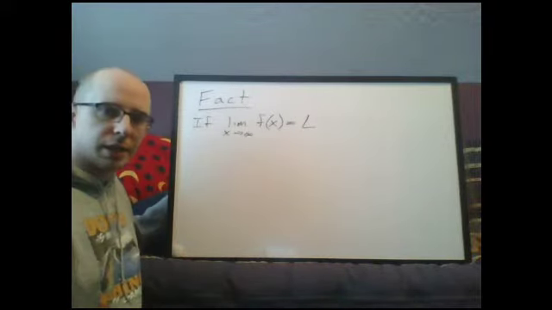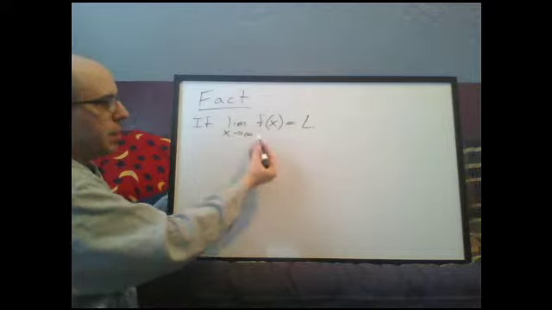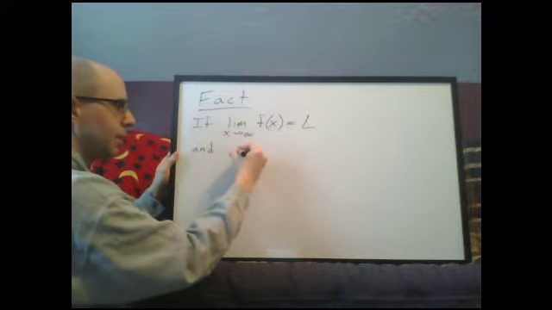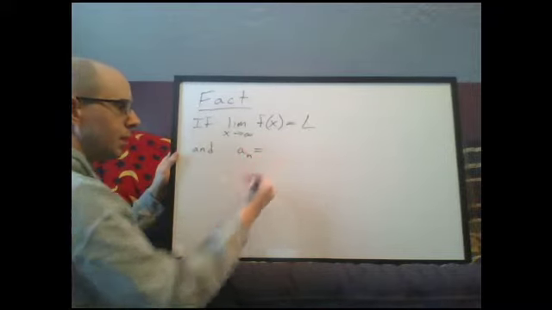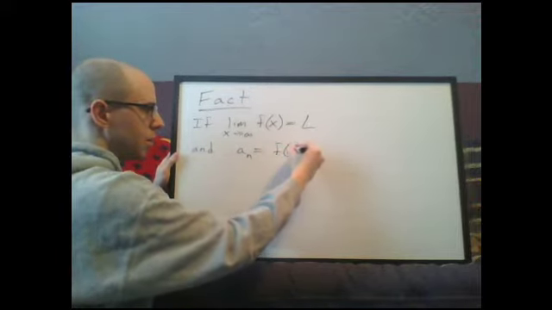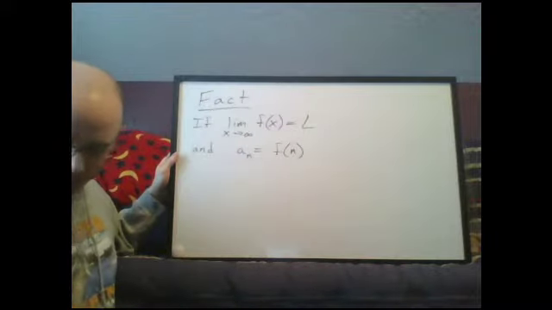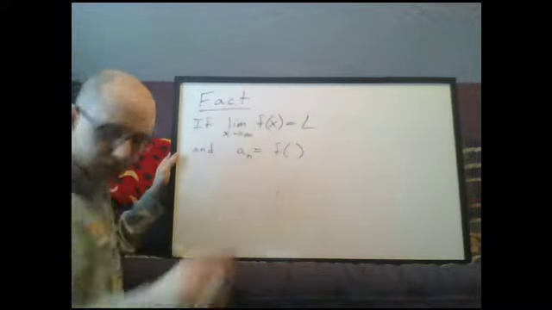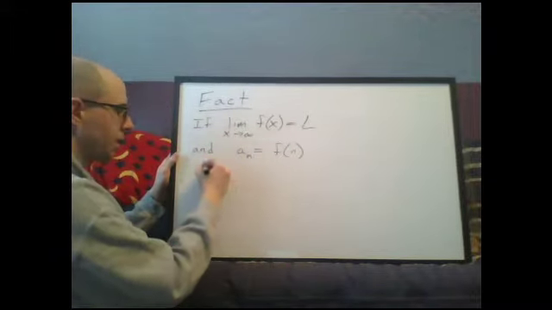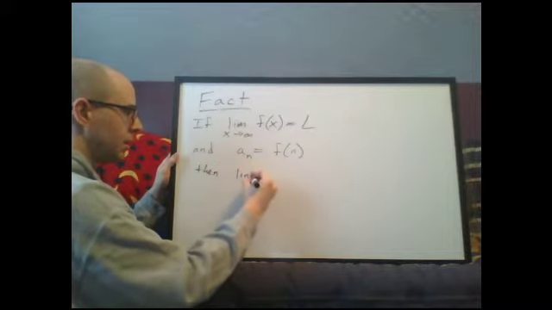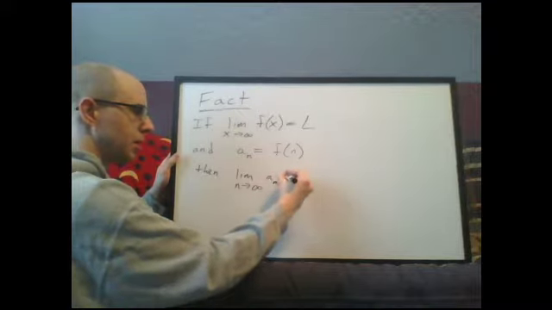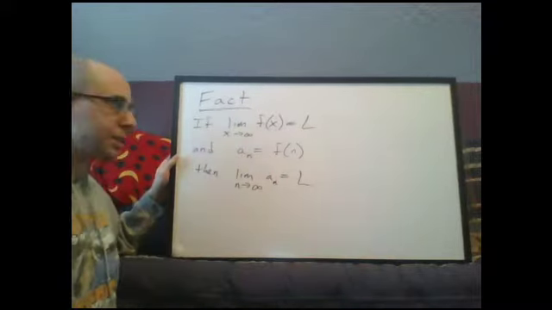If we have a function f of x, and the limit of this function as x approaches infinity equals some number, and we have a sequence a sub n, which is basically the same as the function, so a sub n is equal to f of n, then the limit of the sequence as n approaches infinity is the same as the limit of the function as x approaches infinity.